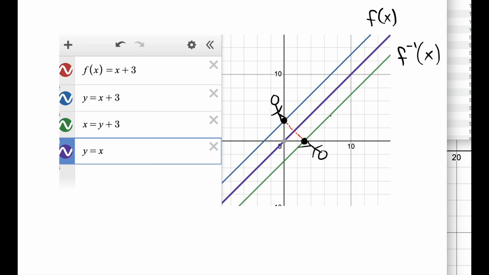And if you have a point, let's say like up here, its mirror image would be right there.